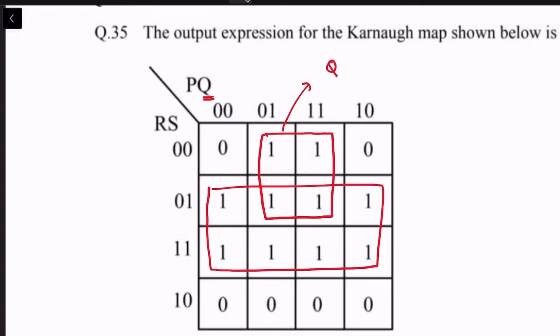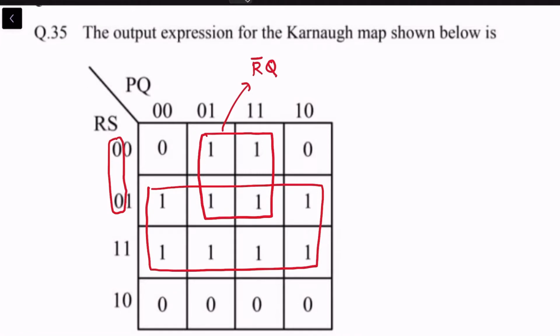And what's common between these two cells, that correspond to these two rows of the grouping, is 0 and 0 in the position that corresponds to R. So that's 0, and since this is a K-map of minterms, that is, we are grouping ones, 0 corresponds to R bar and 1 corresponds to Q.